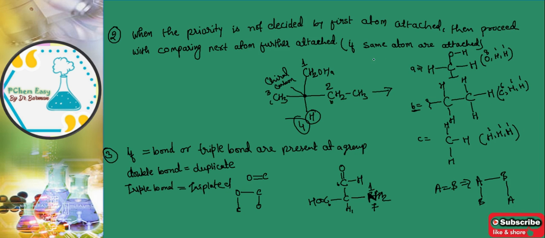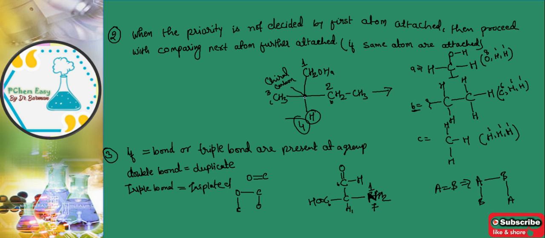Now second, when the priority is not decided by first atom attached, then what we have to do? We have to proceed with comparing the next atom further attached. Like as you can see here, this is the chiral carbon.